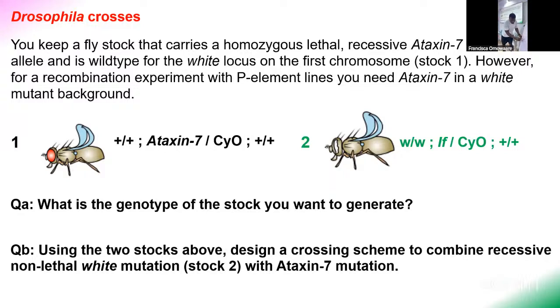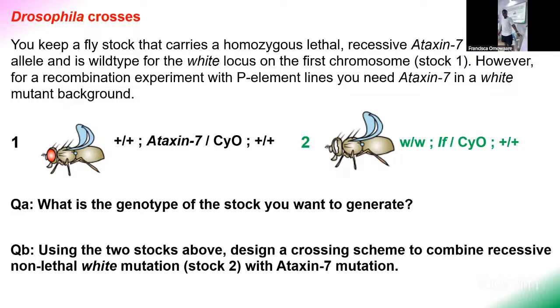So that is useless because it's got the marker, not the balancer, and it's a female, right? So the recombination will happen. Now, number 3, we've got Y over W, ataxin over curly. So that is a white-eyed male, and it is over curly. It's still useful, right? Good.